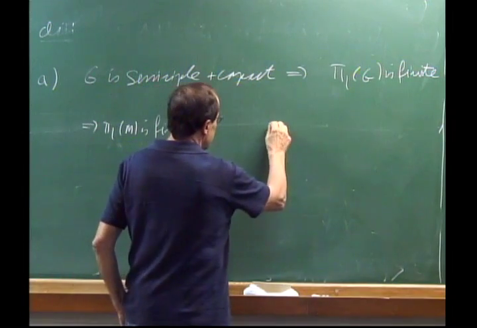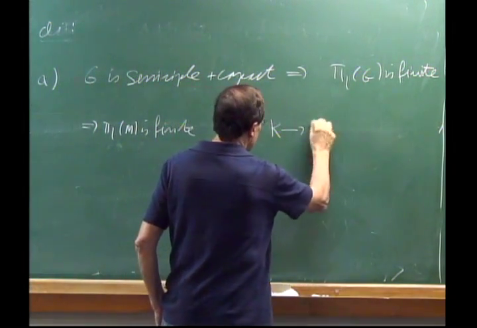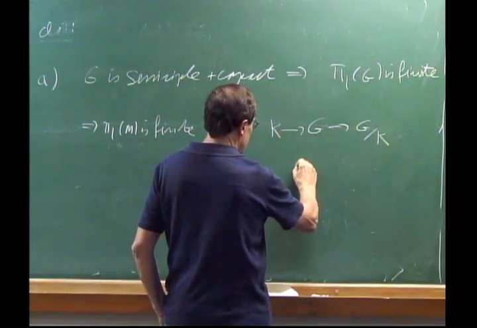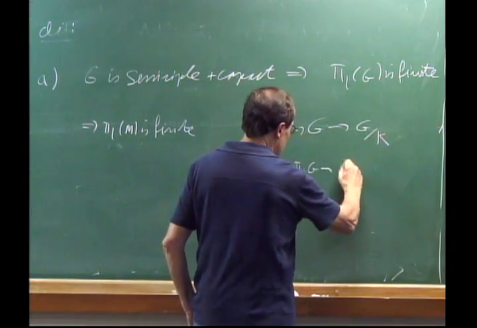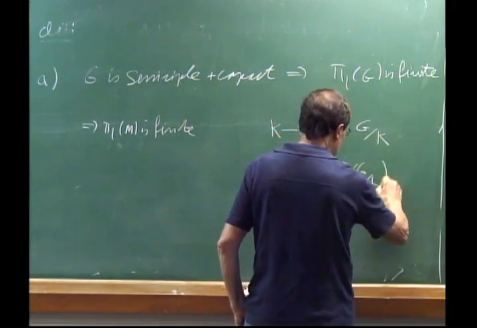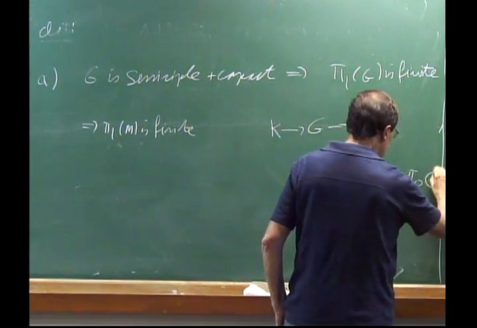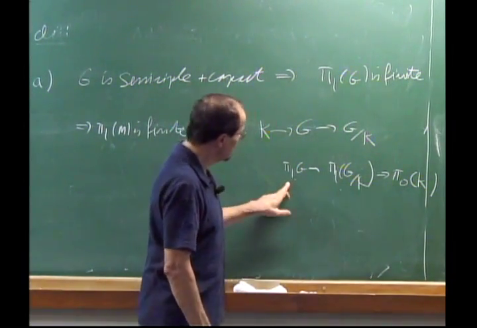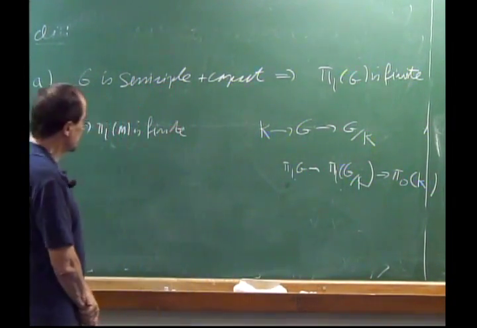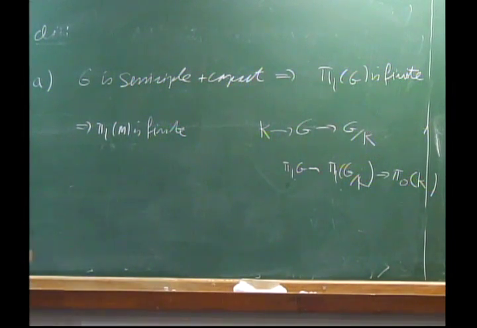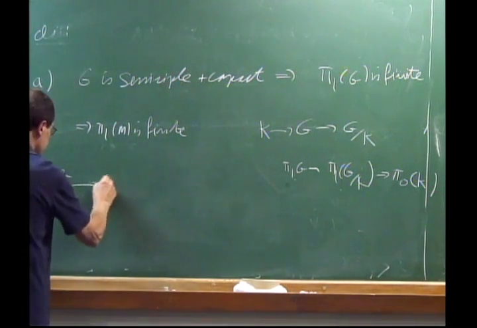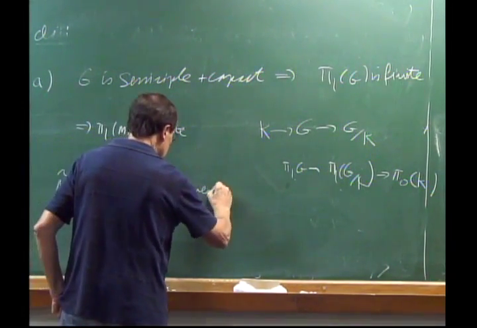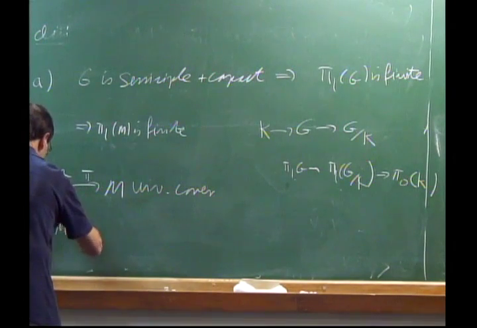Because remember, I have my fibration: K goes to G, goes to G mod K. And here I have pi 1 of G goes to pi 1 of G mod K, goes to pi 0 of K. K is compact, has finitely many components. That's a finite group. This is a finite group. Therefore, this is finite also. So I can look at the universal cover, and M tilde is still compact.